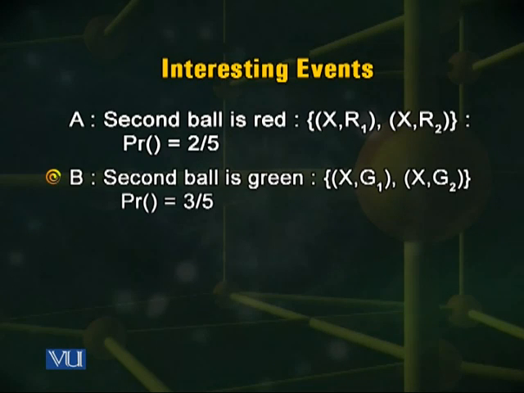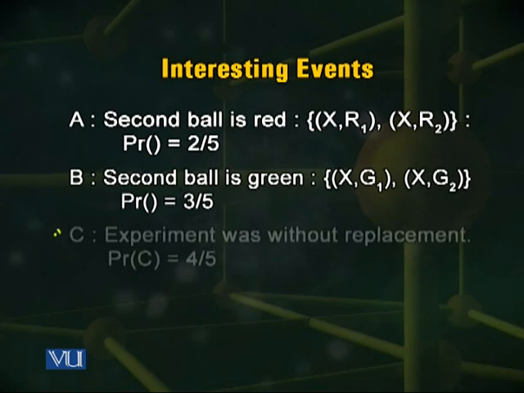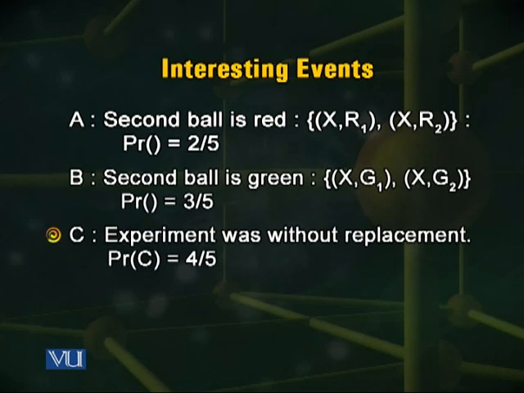Now suppose I give you additional information, in the form of an event written on this slide as C, and event C is that the experiment was performed without replacement. You are assuming that everything is equally likely with a probability of 1/25, and suddenly you are told, no, this experiment was performed without replacement.